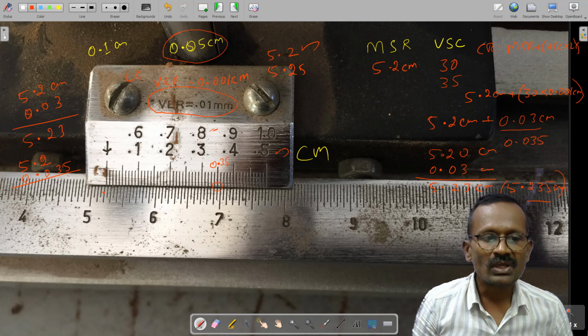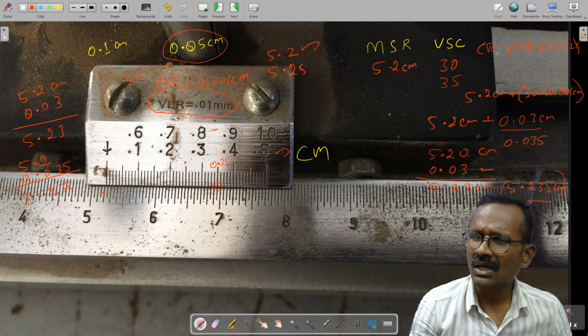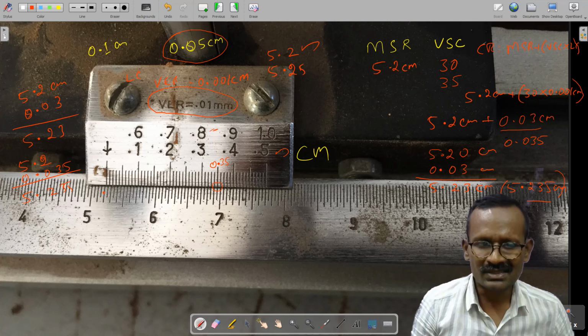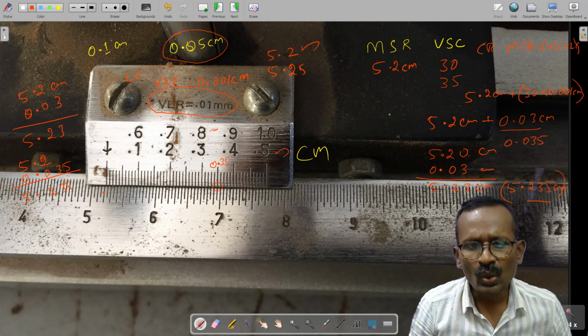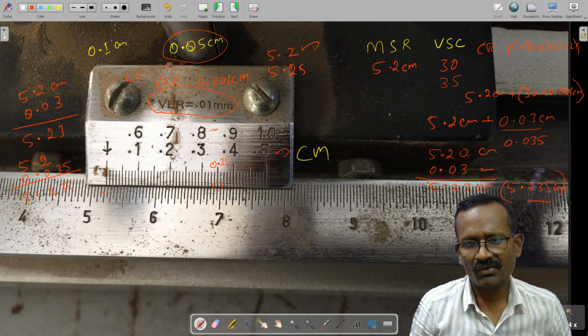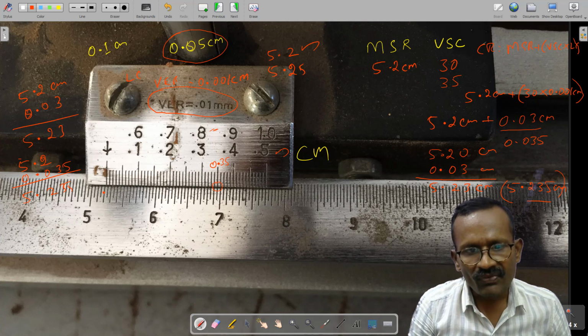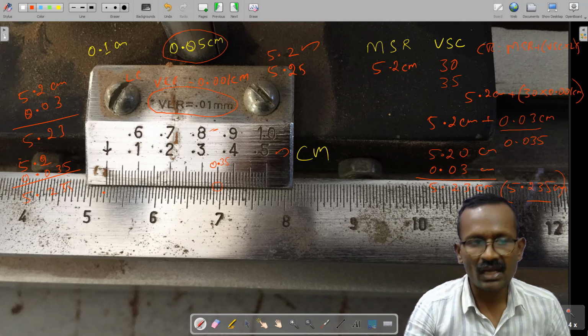So the reading will be 5.235. You need not bother about the least count. The correct reading is this one. Straight away you can go 5.235. Okay, I'll go for the next reading.